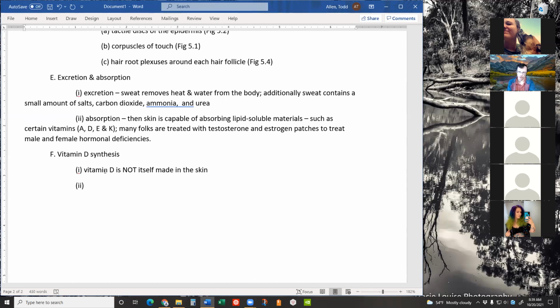Precursor molecules needed to synthesize vitamin D are made in the skin.